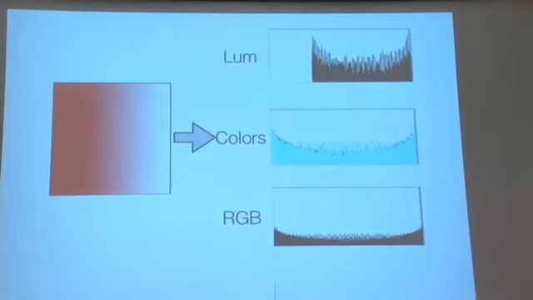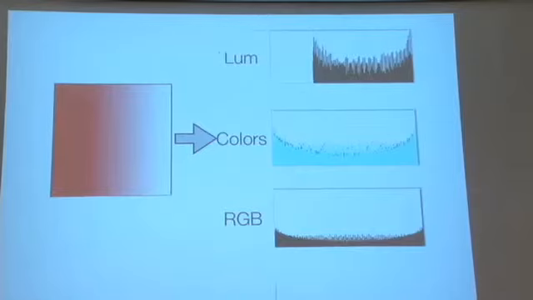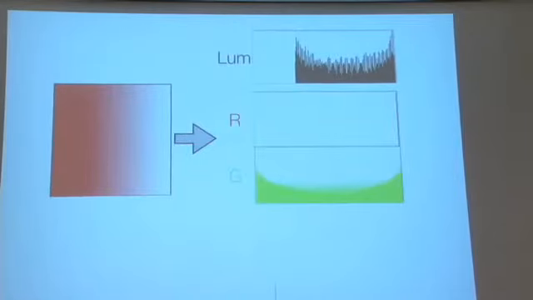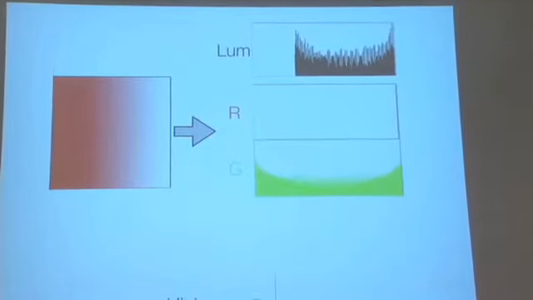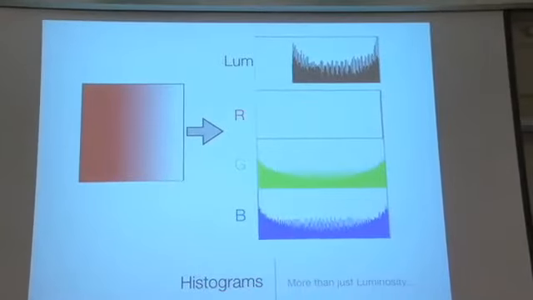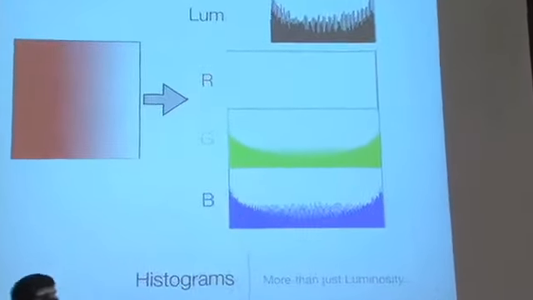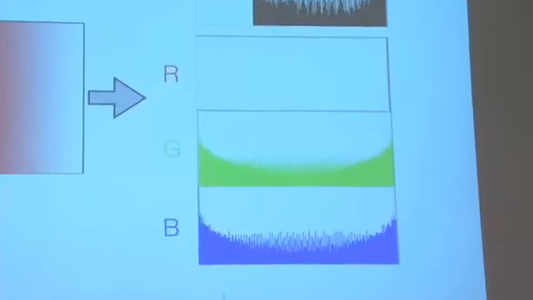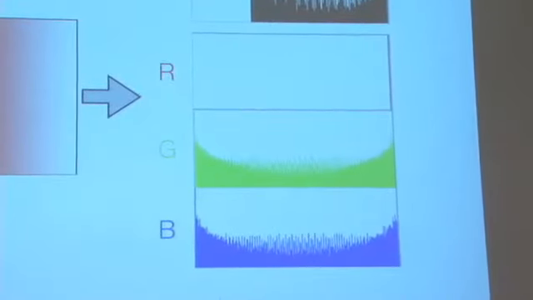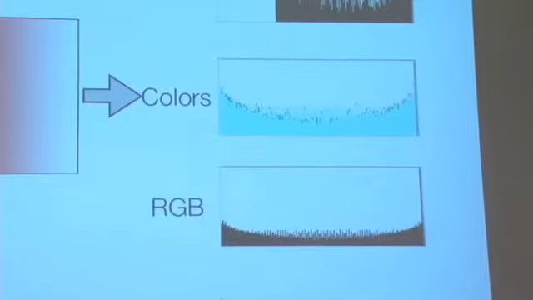Now, one of the things that I want you to notice about this colors histogram is that it really is just a combination of these three individual color channels. It's superimposing one on top of the other and actually adding the colors together and showing you this colors one.